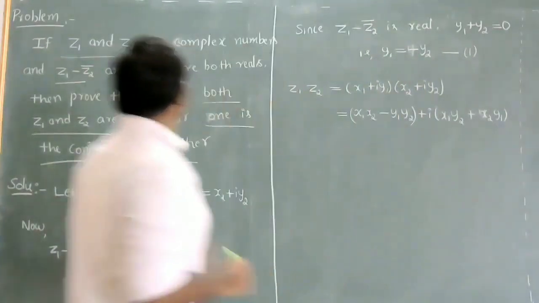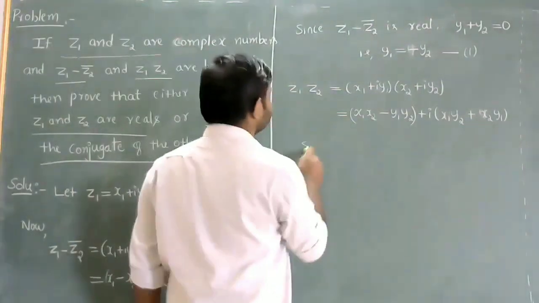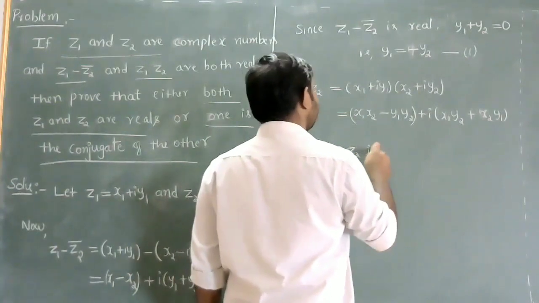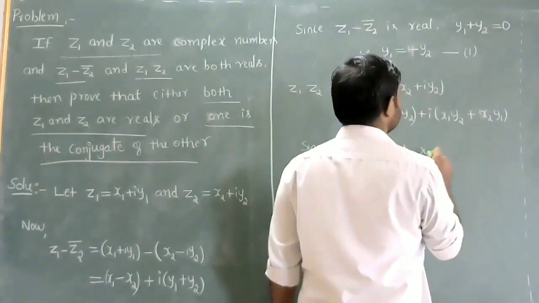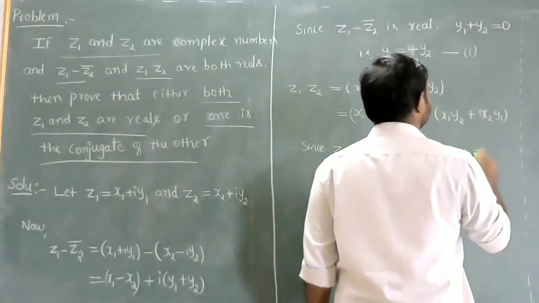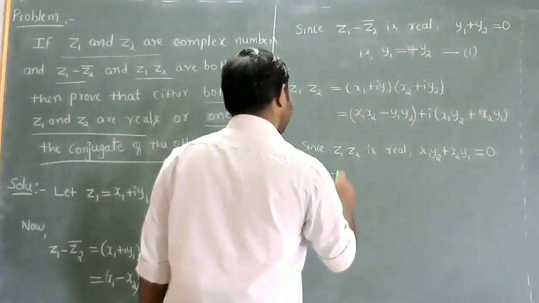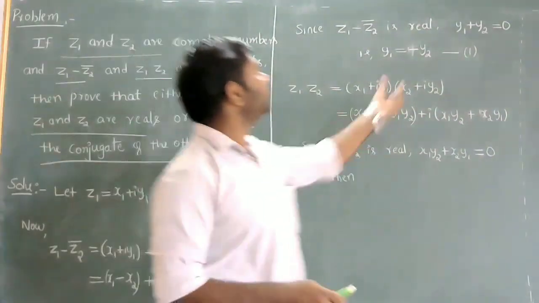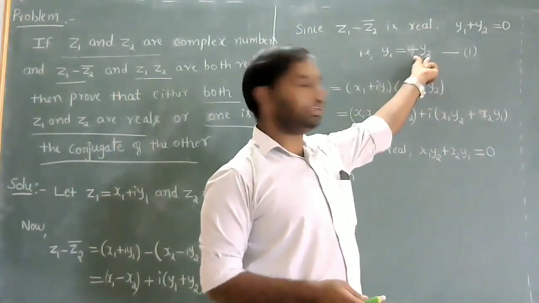Once again, Z1 into Z2 is given to be a real number, which means its imaginary part, that is x1 y2 plus x2 y1, has to be equal to 0. Now use this fact: y1 is nothing but minus y2.